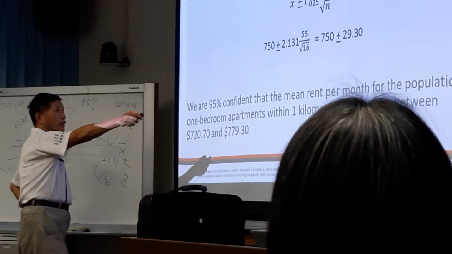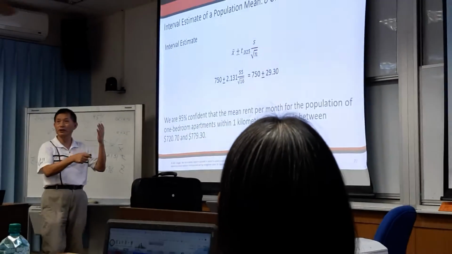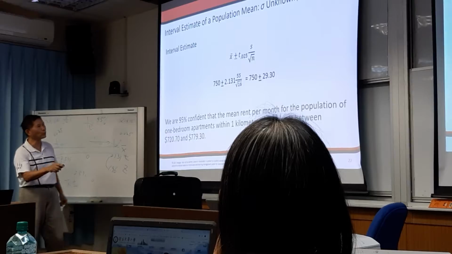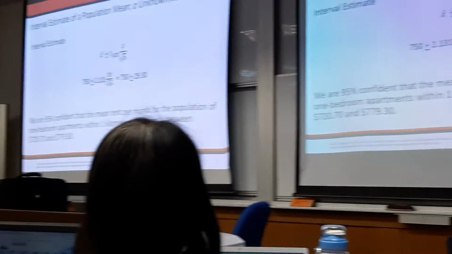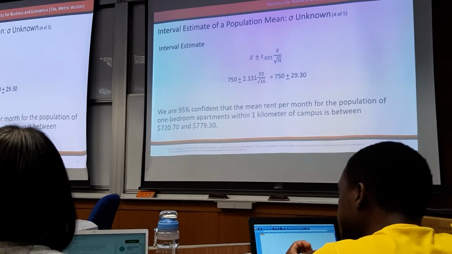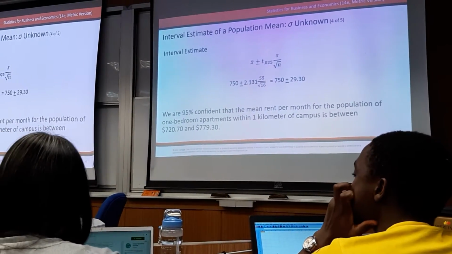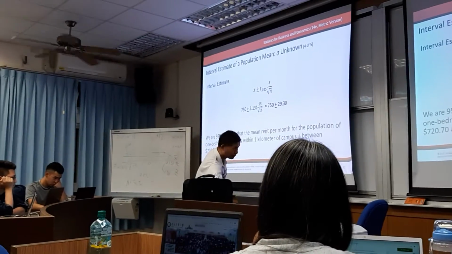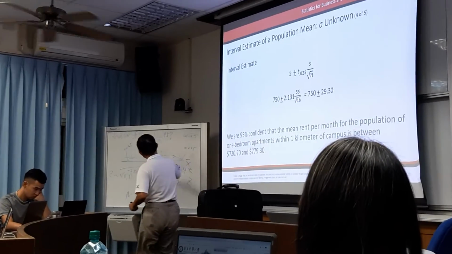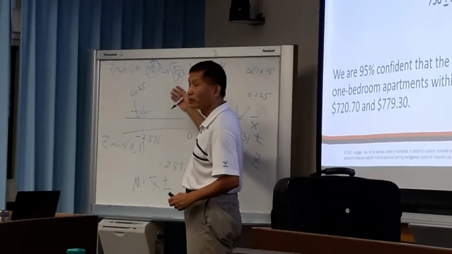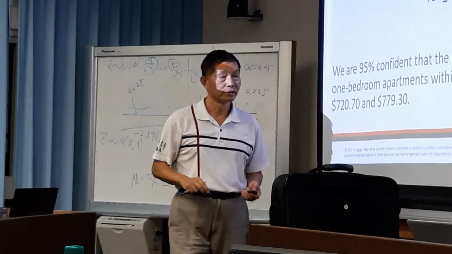If you look at the T table, it's not 1.96 but 2.131. The sample standard deviation divided by root n, we call this the standard error of the mean. This one we call the sample average.